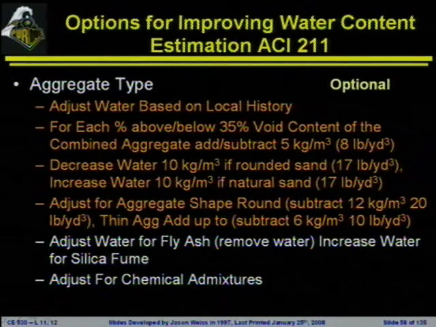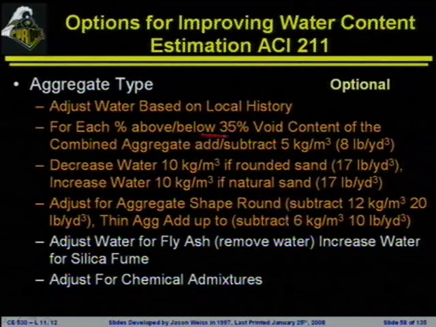You're going to say, well, our aggregates are very different than the aggregates that were used to make ACI 211. What you will find is that the aggregates we use in the state of Indiana are really close to what they used to make ACI 211, because a lot of that information came out of work done in Illinois, Chicago, Indiana. So our aggregates are a lot like their aggregates, so we don't have to make a lot of adjustment. But there'll be other places where the aggregates will be very different.